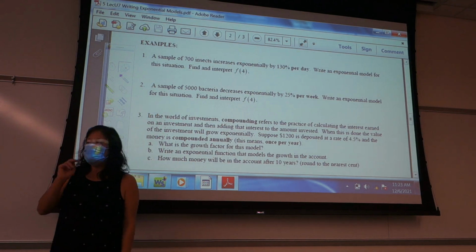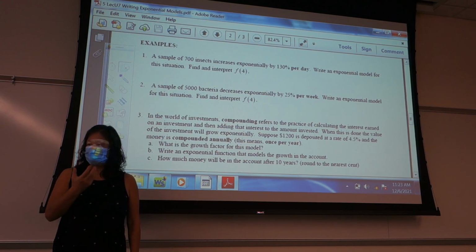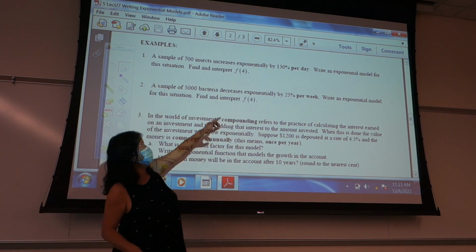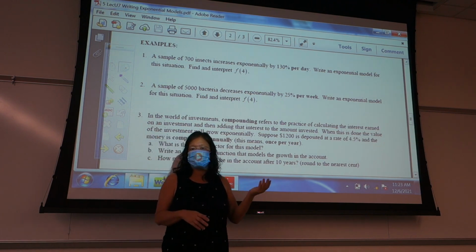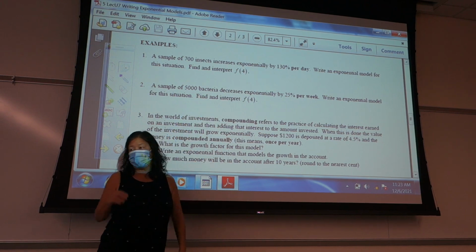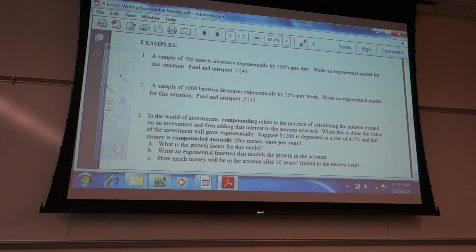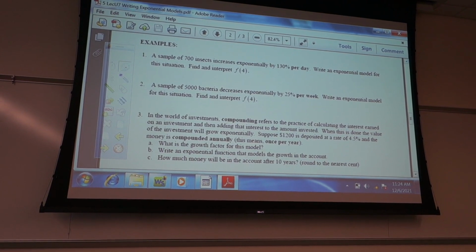So I need the y equals C, your initial amount, multiplied by your growth factor or decay factor to the x. That's what I want. And then find and interpret f of 4 for each of these. You might have done one already. I think you did. I did, but do it again. For people who weren't here, help them through that one.